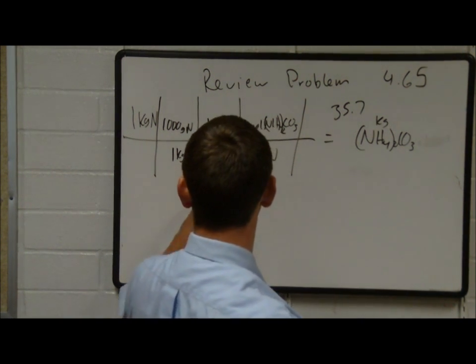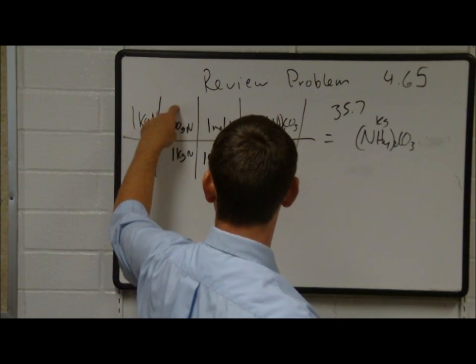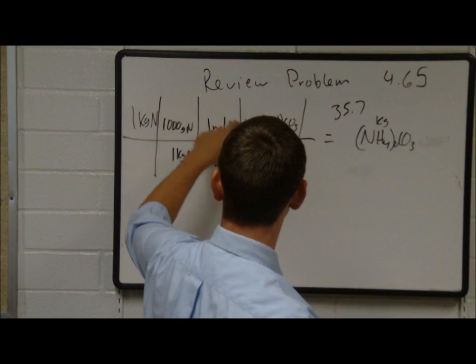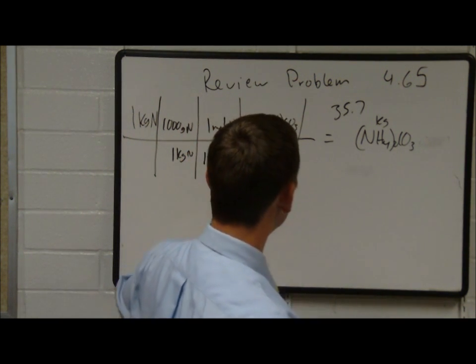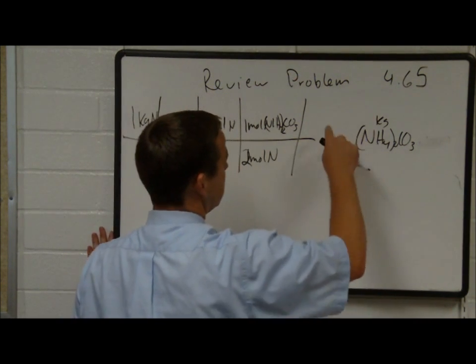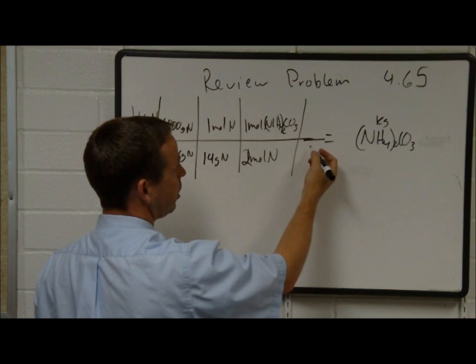What am I messing up? 1 kilogram of nitrogen, 1,000 grams of nitrogen, 14 grams for every mole, 2 moles for every one of these. That's how many moles. Oh, I'm not finished. I thought I was done, but I'm in moles of this stuff.